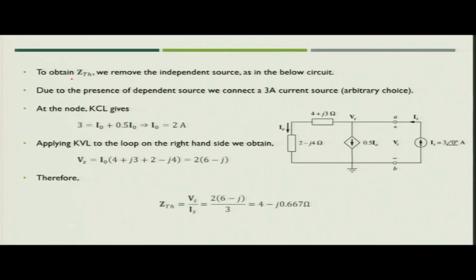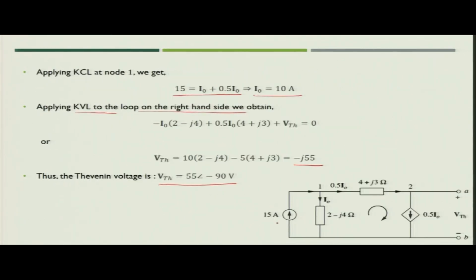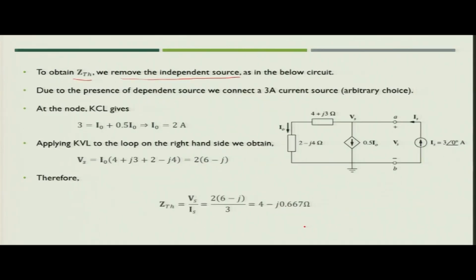Next task is you need to find ZTH. To find the ZTH, we remove the independent source. The independent source in this case is the current source. If you remove the current source, the updated circuit will be like shown in the figure, and now across terminal A B we apply a current source having value 3 ampere.